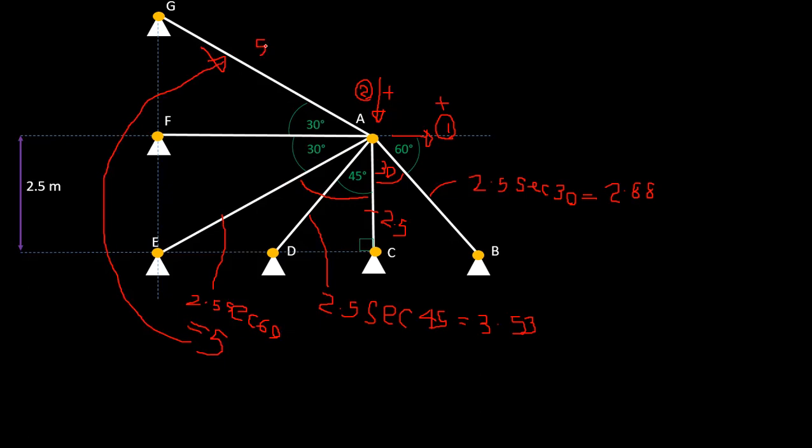If it is 5, this is 5 cos 30, which brings you to 4.33 something. 5 into cos 30, yes, it's 4.33. So now my lengths are okay.